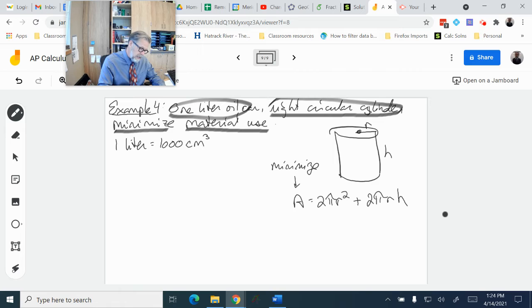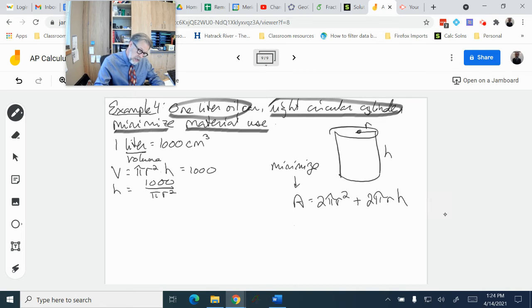Well, 1 liter is a volume, and I know that volume of a right circular cylinder is equal to the area of the base times the height, and I know that in this case this is equal to 1,000, which means that h is equal to 1,000 over pi r squared.